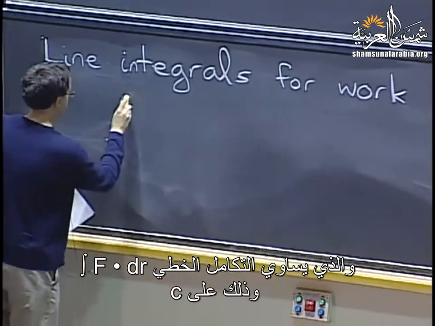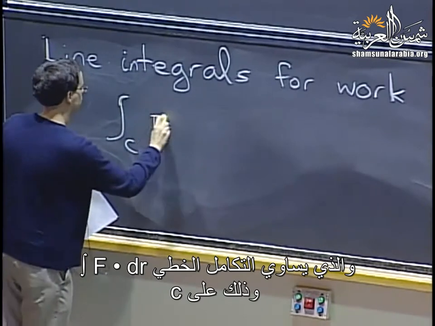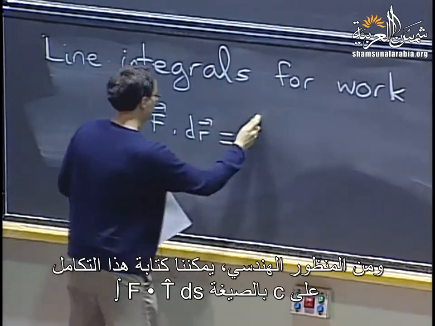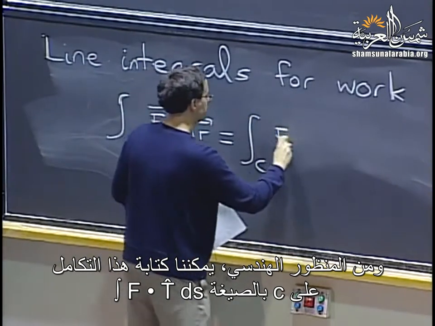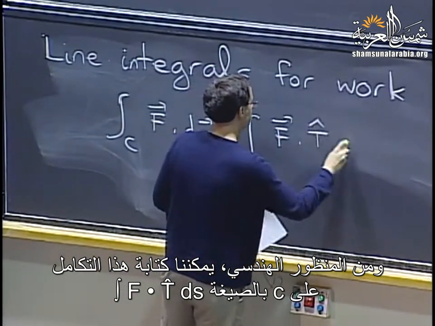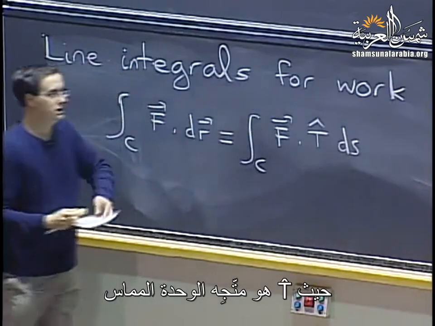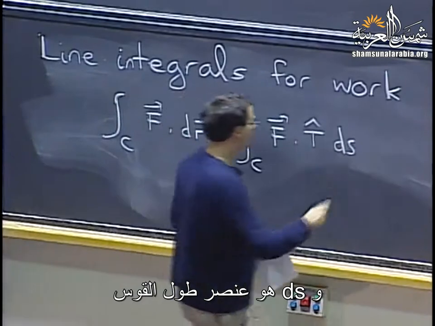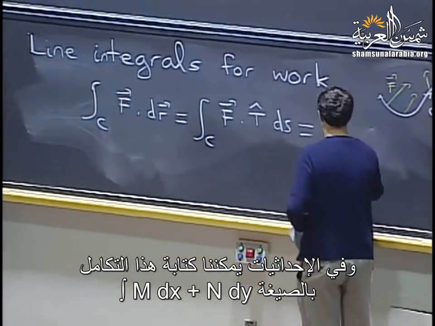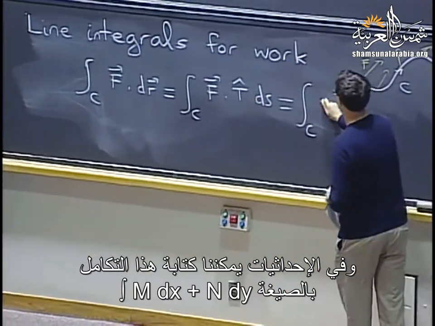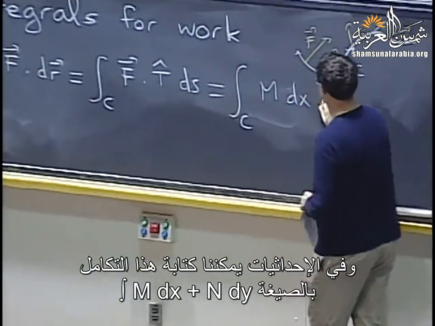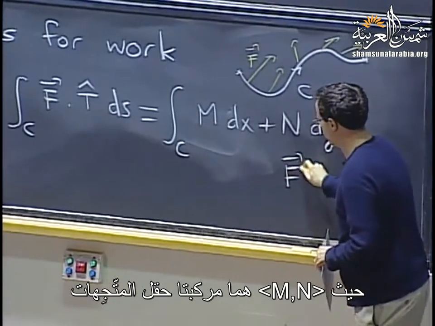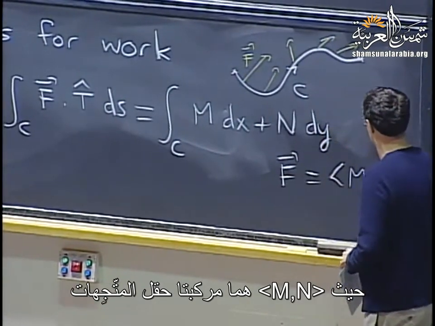So that's the line integral along C of F dot dr, or more geometrically, the line integral along C of F dot T ds, where T is the unit tangent vector and ds is the arc length element. Or in coordinates, that's the integral of M dx plus N dy, where M and N are the components of a vector field.